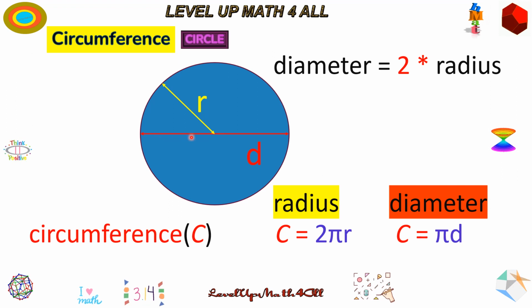So if we take half of the diameter, it becomes the radius. Half the size of the diameter is the radius, and 2 times the radius is the diameter. We already learned circumference is represented as C. When the radius is given, the formula is 2 pi r. If the diameter is given, the formula is pi d.